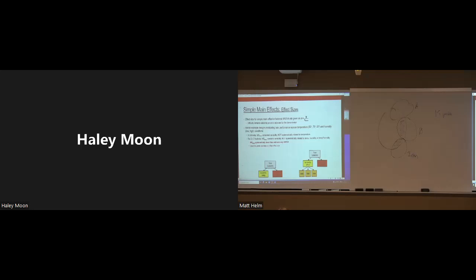What happens is that the mean squared error for my factorial design is going to be systematically smaller than for my one-way design. In my one-way design, I didn't have terms for humidity or the interaction, so all that was getting dumped in as some unaccounted-for error. Here, I've modeled that error a bit more based on different factors, and so my mean squared error ends up being smaller.